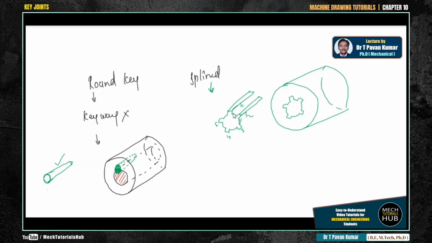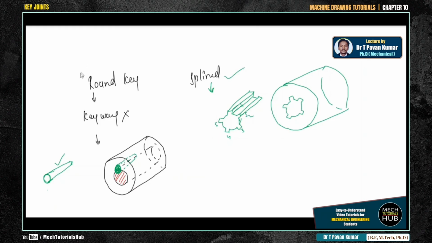There won't be any key provided. Splines are directly provided on the shaft, which is manufactured and placed inside. This is how it is going to be.